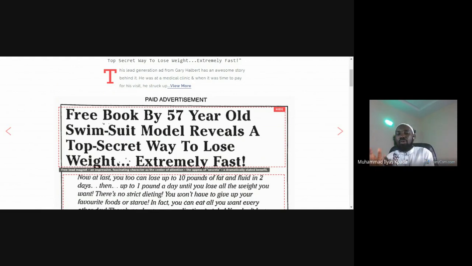A 57-year-old swimsuit model. For someone to be a model, it means the person has controlled weight, right? It is fast. It is a top secret that is being revealed. Anybody that wants to lose weight and finds this headline, what will he do? The person will definitely read this copy.